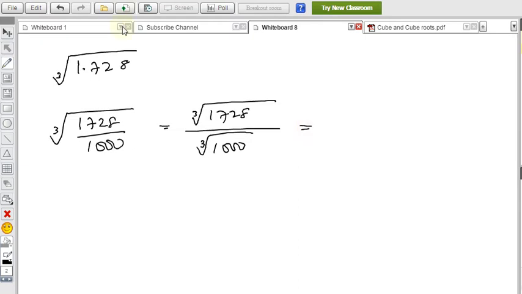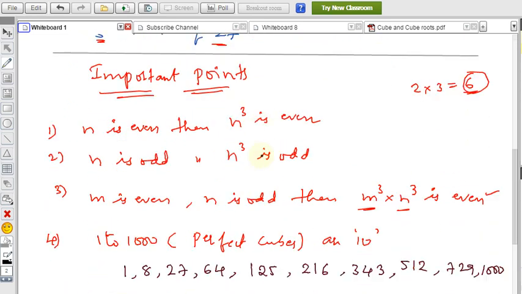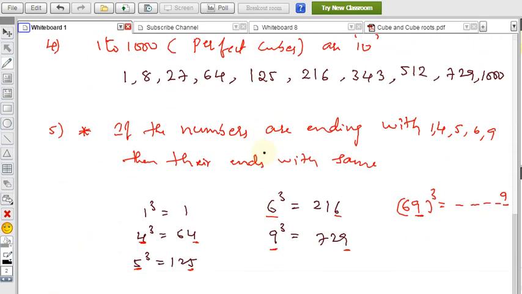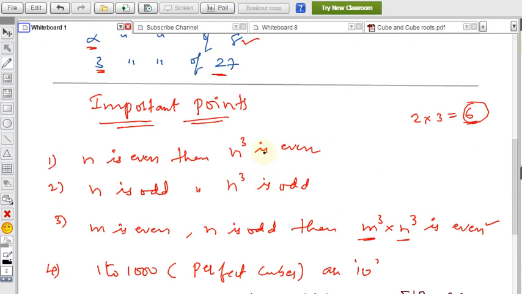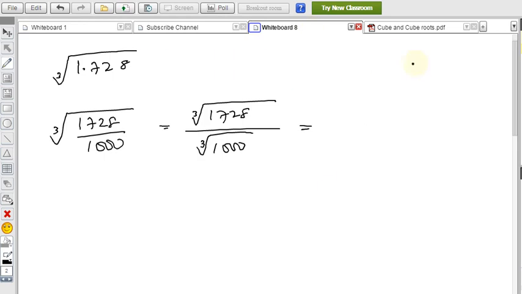So 1728 we have done earlier. Okay, so 1728. Two table: 2 8s are 16, 2 6s are 12, 4 0. Again two table: 4 3 2.